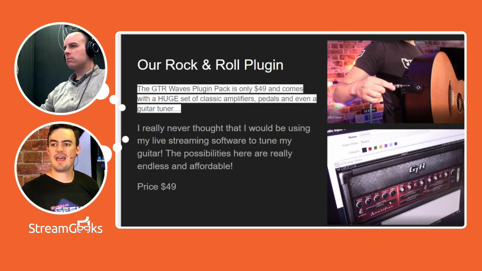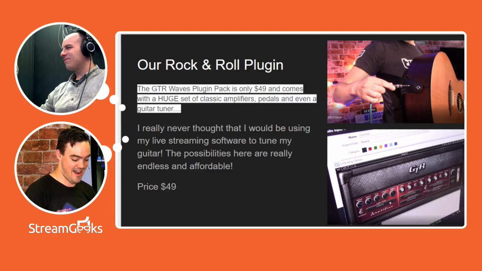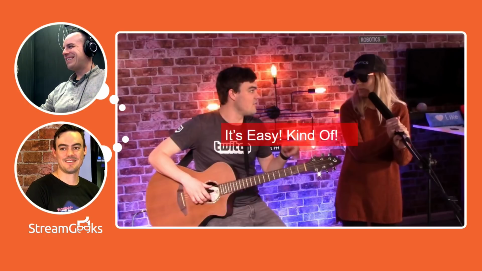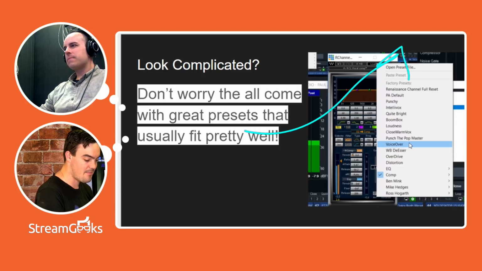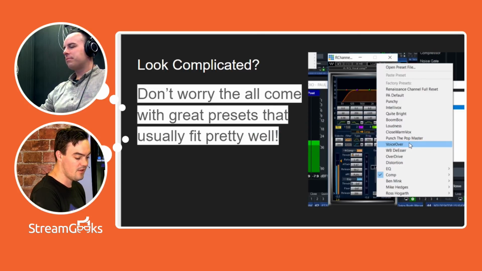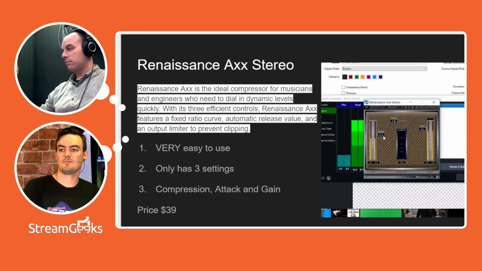Then next we have our rock and roll plugin for guitar inputs. It was $50, but I needed it for our Iron Man rendition you guys might have seen a couple weeks ago. And it's kind of easy. It's not that hard. If it looks complicated, think about using some of the presets included at the top of the plugins, and you can see there's a preset for female vocals and one for voiceover.